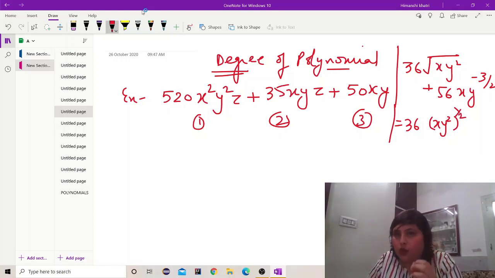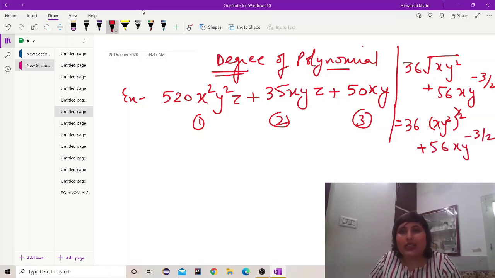When we remove the root, we use power as half. And the remaining part is xy to the power minus 3 by 2. So this is an algebraic expression which is not a polynomial. Is it clear? Because here we have a fractional power and a negative power, which is not a whole number. Hence this algebraic expression is not a polynomial. Is it clear with the part of understanding whether it is a polynomial or an algebraic expression?